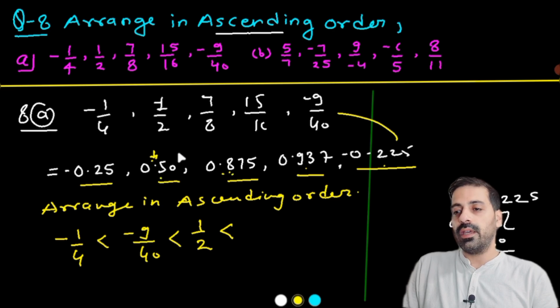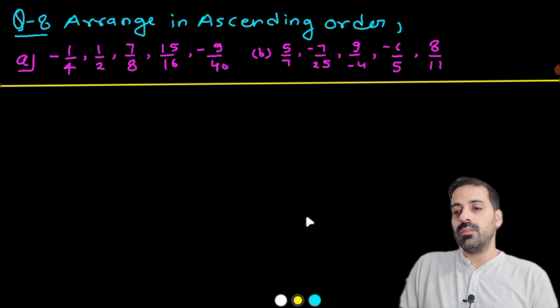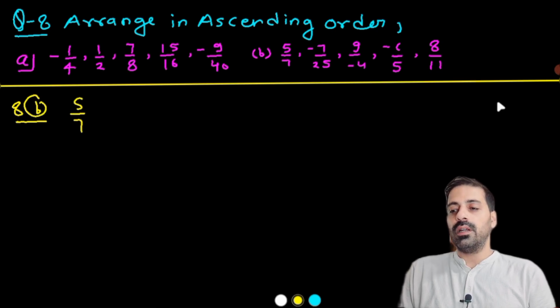Then we have 3 positive numbers, and the smallest is 1 by 2. After this, 0.8 is greater than 0.5, so next is 7 upon 8, and the greatest number is 15 upon 16. Is it clear to everyone? This is the answer of this question.